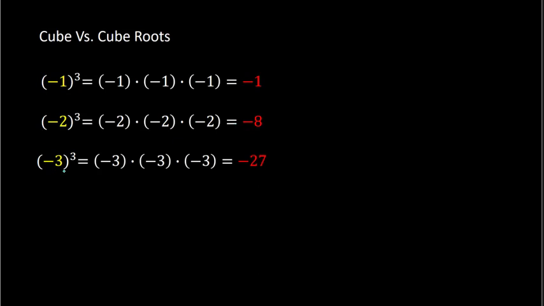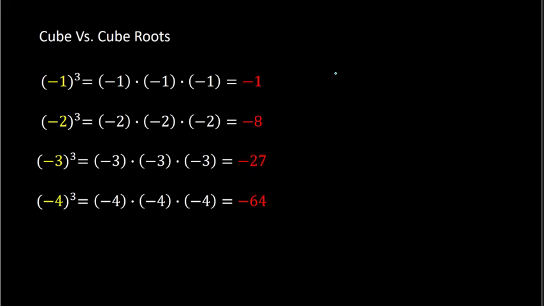Negative 3 to the third power is 3 negative 3s multiplied together, which would be negative 27. Negative 4 to the third power is 3 negative 4s multiplied together, which would give me negative 64. So the process is the same, but now we have a negative number as our answer after we cube.